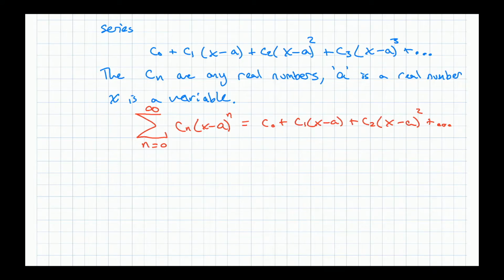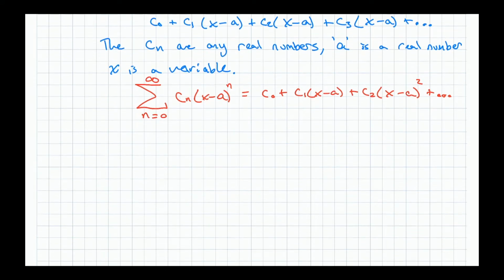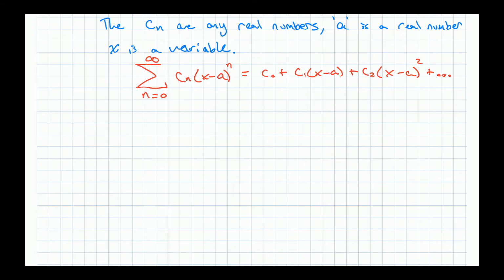Now, I do want to say something here that it's not relevant right now, but it will be relevant, so it doesn't hurt to just remind you. So here's a little fact. You know what n factorial is, right? n factorial is 1 times 2 times 3 times ... up to n. And we've had to use those before.